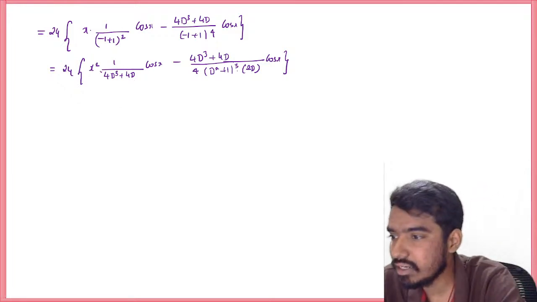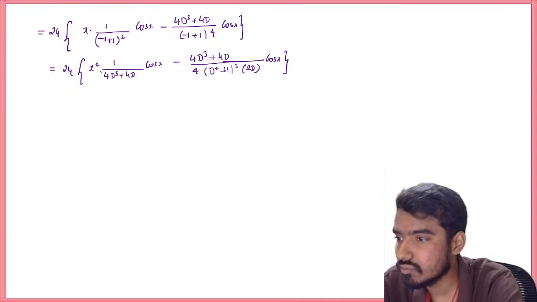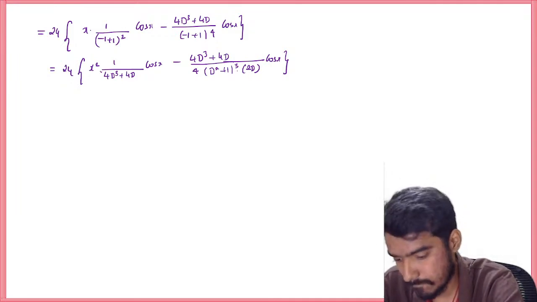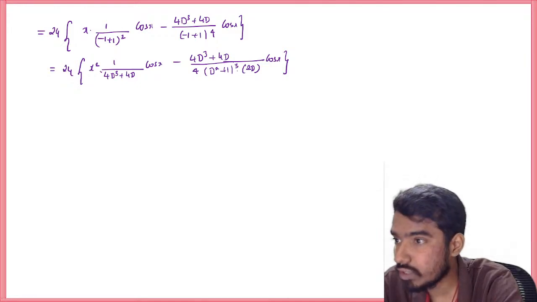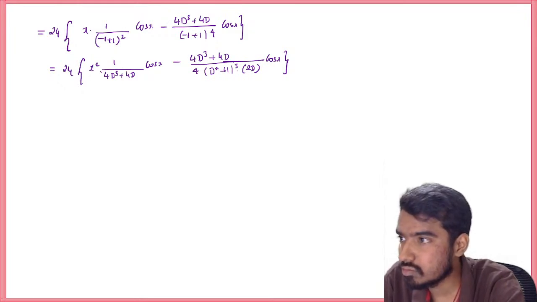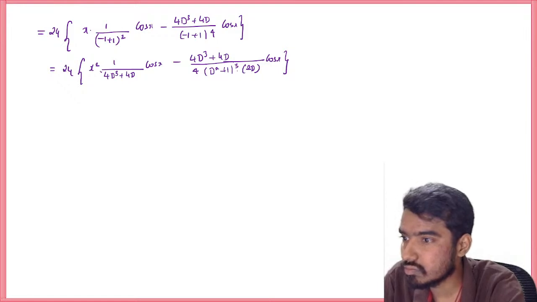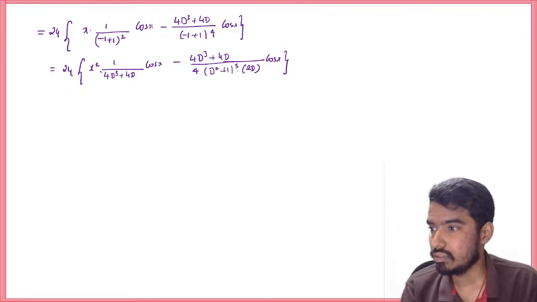See, is it clear what we are doing? Four x cos x. D square plus 1 whole square.